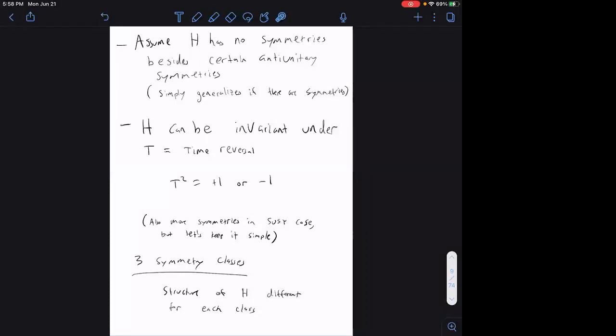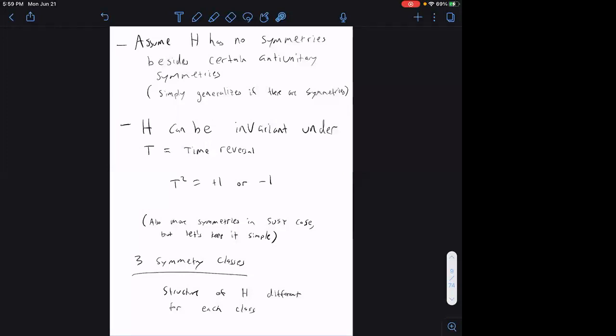So there are two cases if a system has time reversal invariance. The time reversal operator T can square to +1 or it can square to -1. As a side note, in the SUSY case there are more symmetries, but we're not going to talk about those for simplicity. So for the class of Hamiltonians or matrices that are Hermitian, we're going to separate them into three symmetry classes.